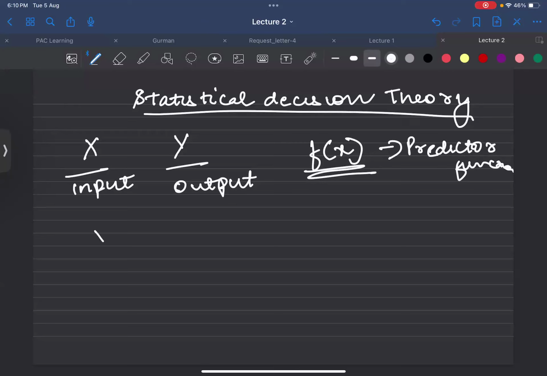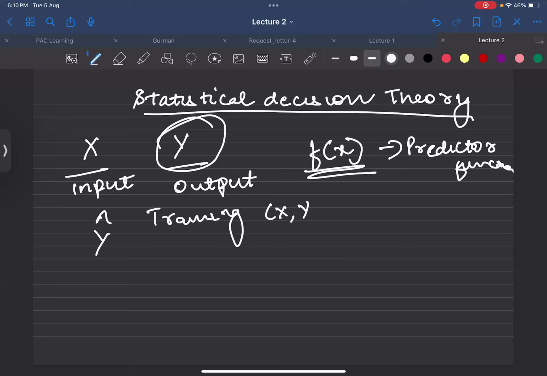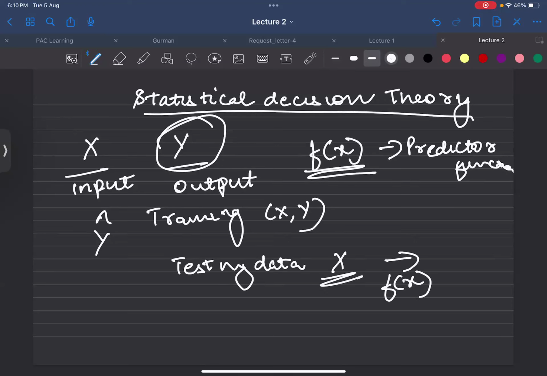I have to predict the output in the testing data. I have the training data in which both x and y are given. Testing data is where we test how good our model is performing. There only x is given, and with the help of this predictor function, I'll predict y hat. Then we'll see how much difference there is between the actual y, the actual output, and the predicted output. Clear?